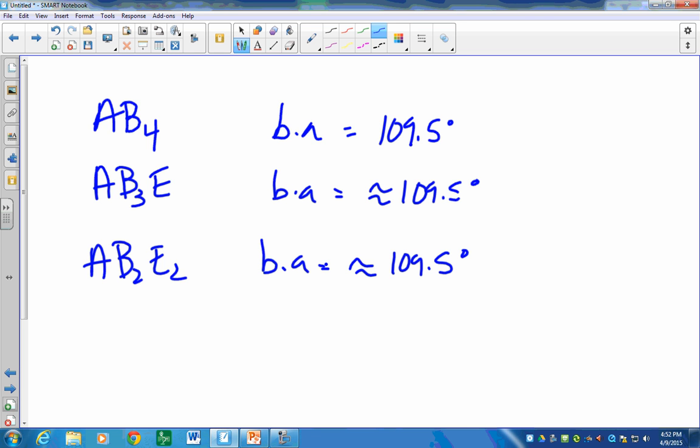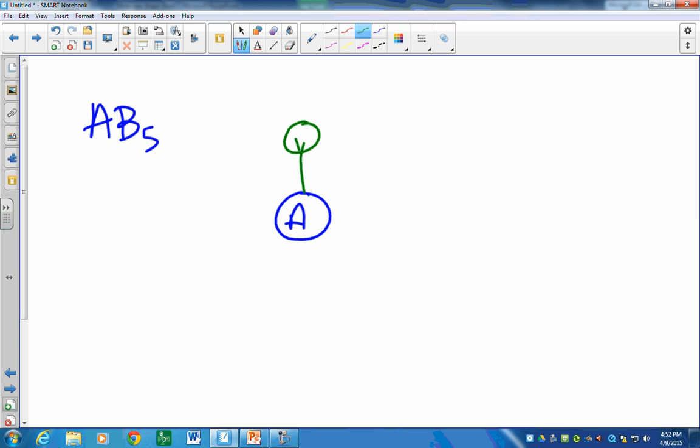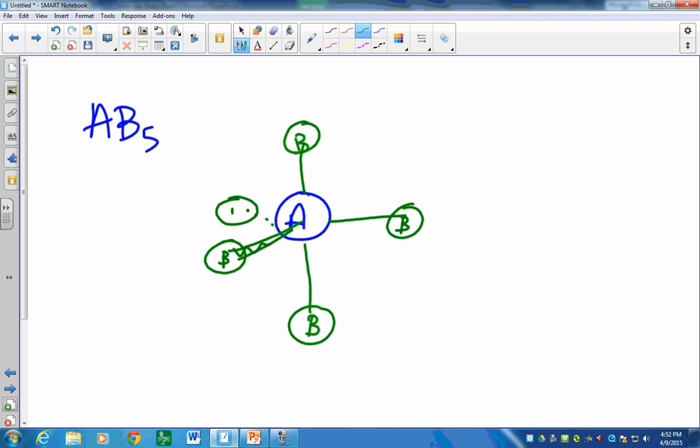Okay, this is the hardest one. This is an AB5, because if you remember what an AB5 looked like, we had A in the middle, and then we had a B on the top and a B on the bottom, and I called those the North and the South Pole. And then we had 3 around the outside, but these were, and again, 1 shoots out, 1 goes back in the plane.